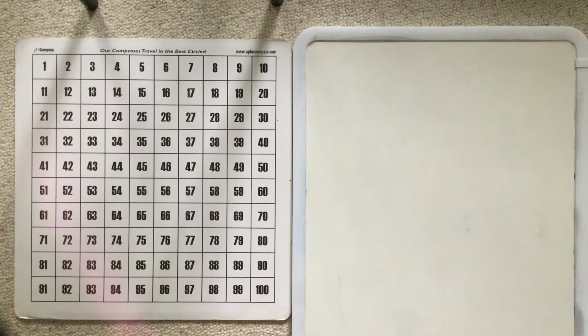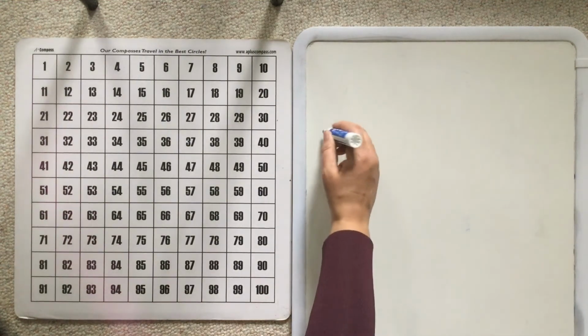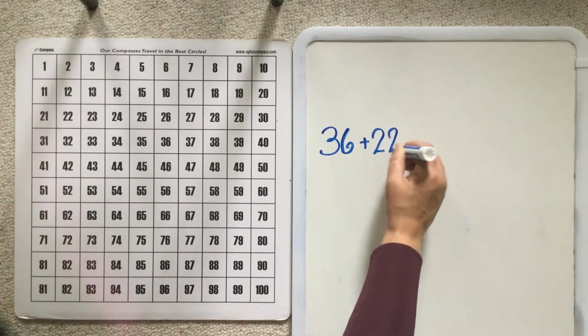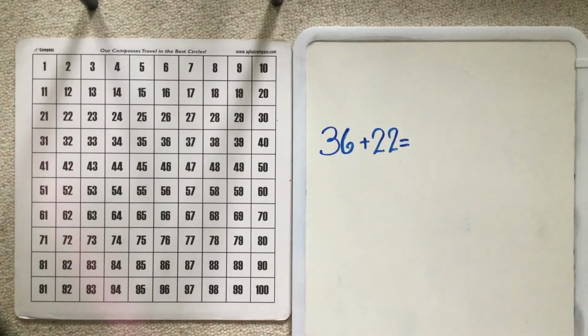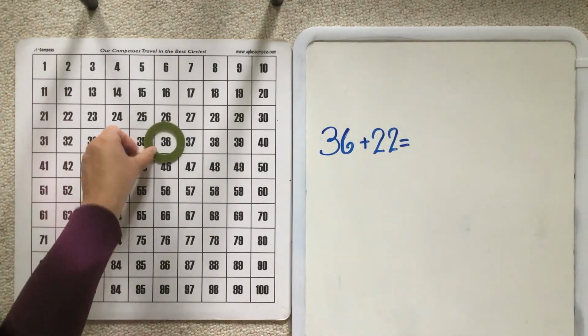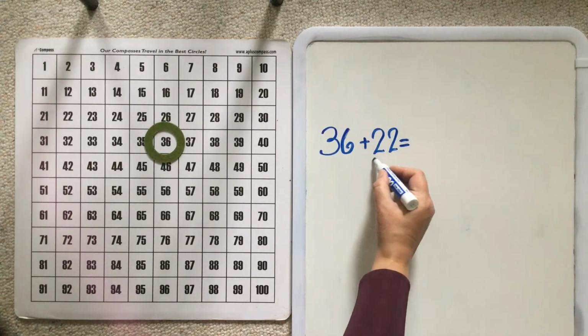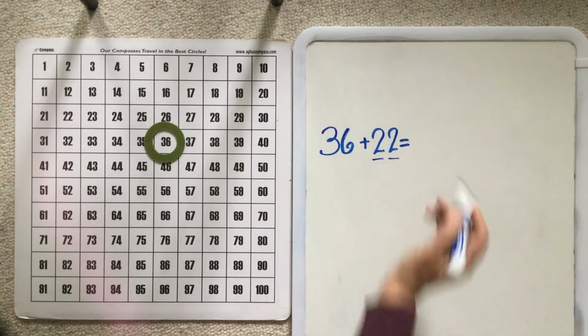Let's try a few more problems. Let's try adding 36 plus 22. I'll find 36. What do I want to count on first? Do I want to count on my 10s or my 1s?